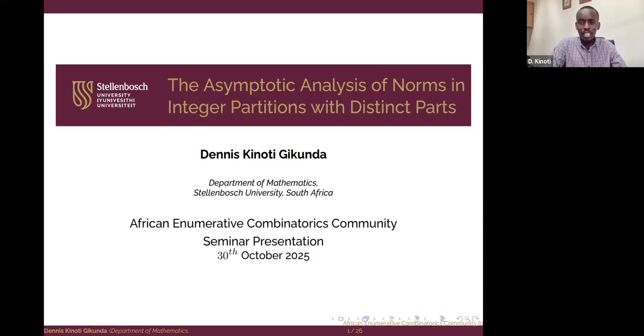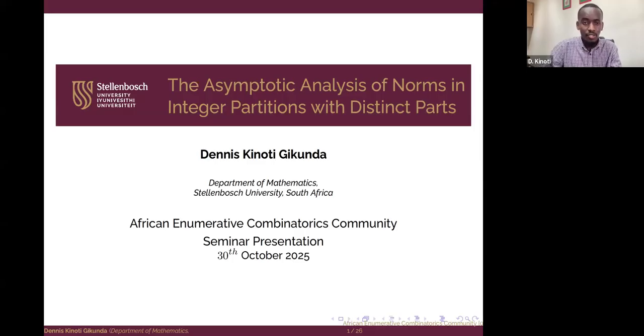So if you look at the presentations we've had with the previous few presenters, we've looked at various combinatorial structures, including set partitions, trees, permutations, and now I introduce us to integer partitions. And we've also had terms like exact formulas, recursive formulas and so on. So in today's talk, we look at asymptotic analysis.